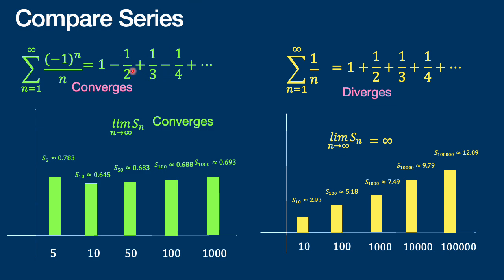So the partial sums A5, A10, A15 do not keep increasing like the right side, which increases without bound, but the left side increases with a bound. That's why this converges. Why is this bounded? Because of the negative sign here.